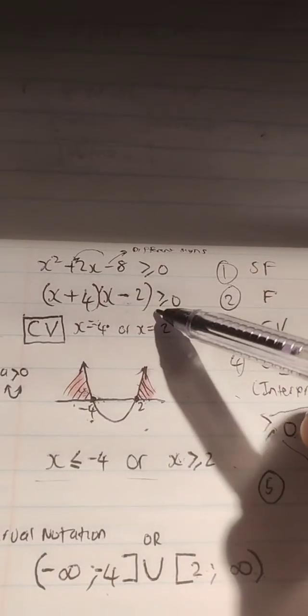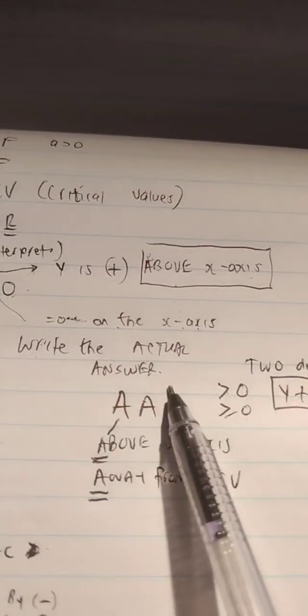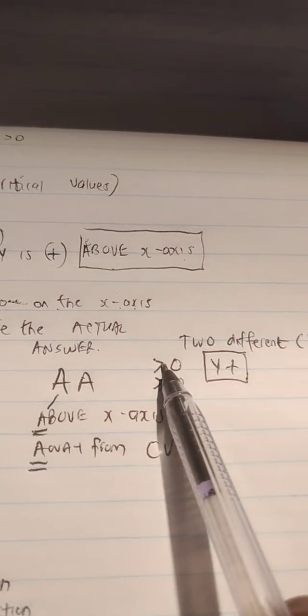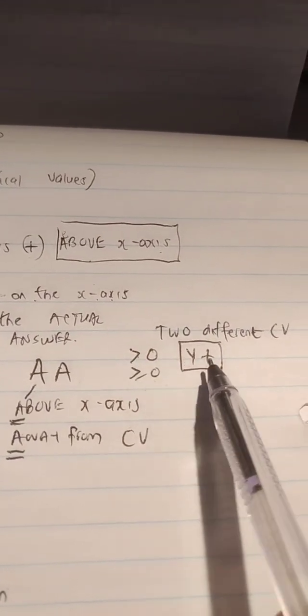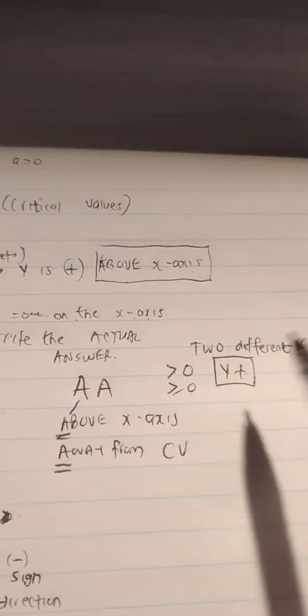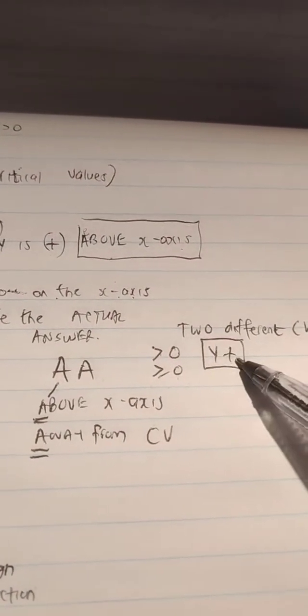Then you need to interpret what greater than or equal to 0 means. So I told you guys that when you are saying something is greater than 0, you are saying that particular thing is positive. But what are we talking about that is positive? We are talking about y. This is your output. Output means y. So y is positive, in other words.